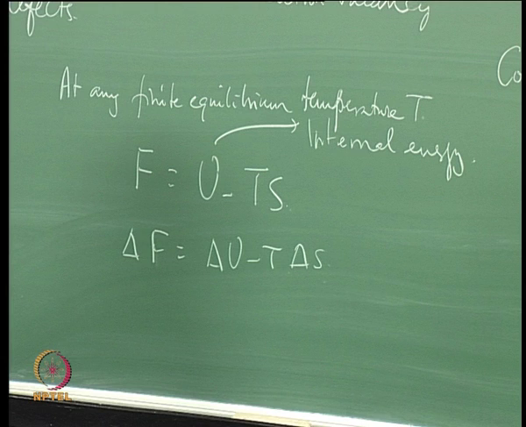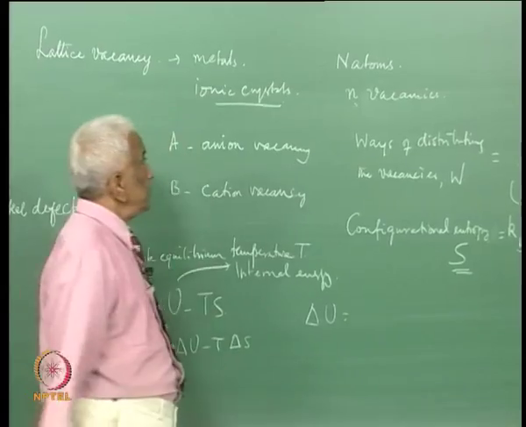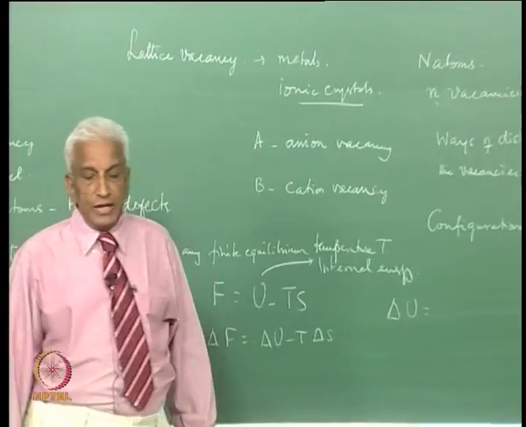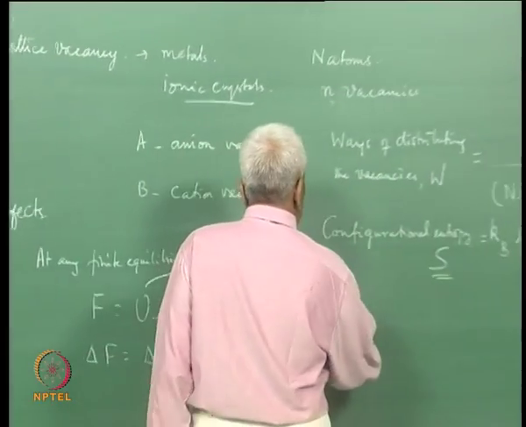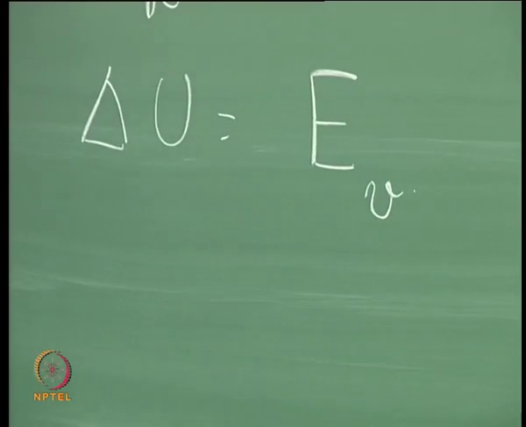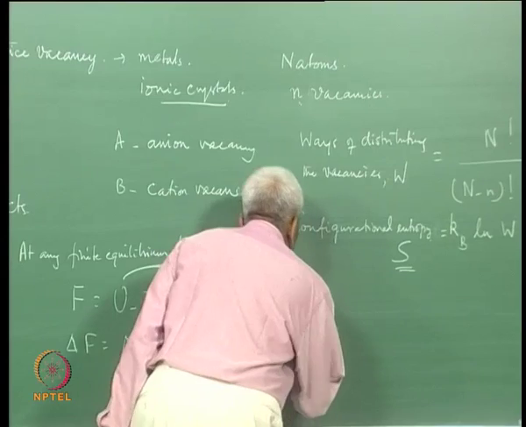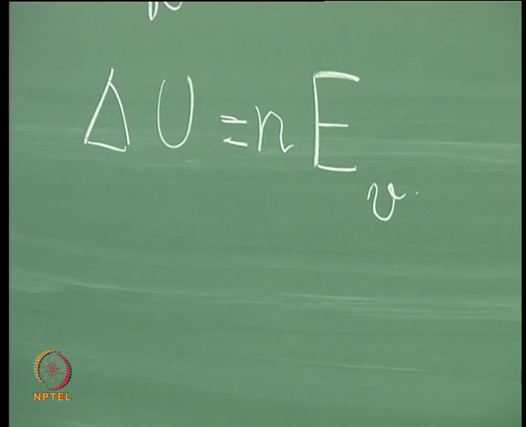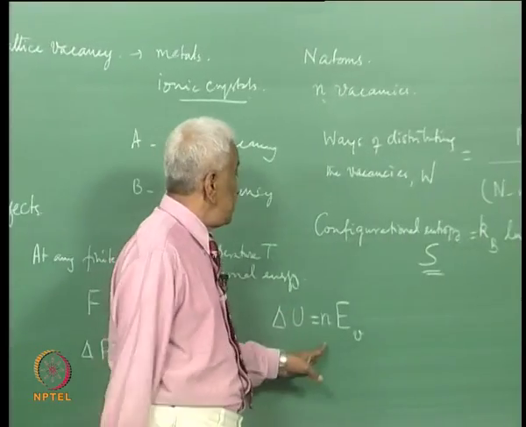Now, delta U is due to the creation of these vacancies. Suppose E_V is the energy associated with the creation of a single vacancy and there are n such vacancies. So, this would be the change in internal energy due to the creation of n vacancies.